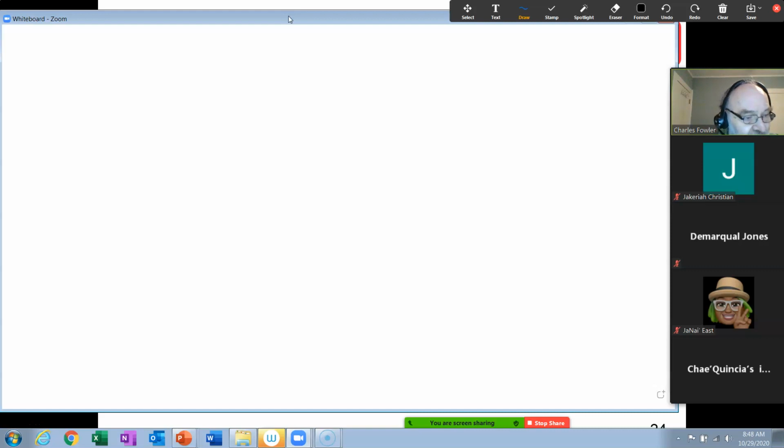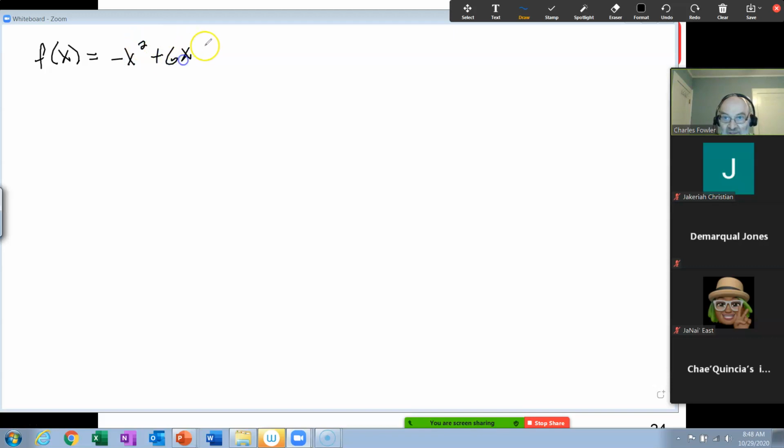We have already done most of example 3. Here's what it was. Sketch the graph, and we haven't done that, but here's the function. F of x is equal to minus x squared plus 6x minus 8.